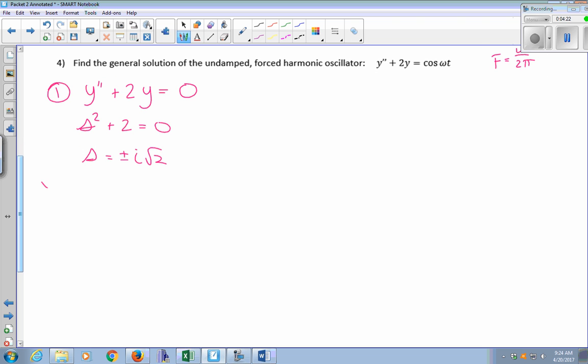I'm skipping some steps here because we've been through this a bunch of times, and if you need to, you can go back and review it later. I just want to make sure we get to the punchline here. This becomes k1 cosine root 2t plus k2 sine root 2t.